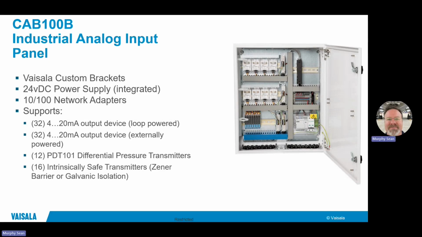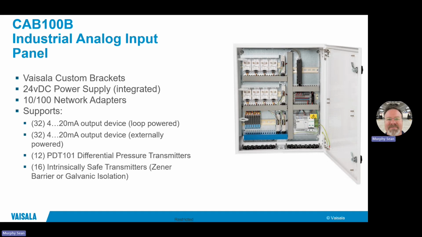CAB 100B is an analog input panel. It supports various transmitters inside the panel, but it also supports data loggers inside it. So there's various configurations. You can do up to 32 4 to 20 milliamp channels, loop powered, and you can also do external power.